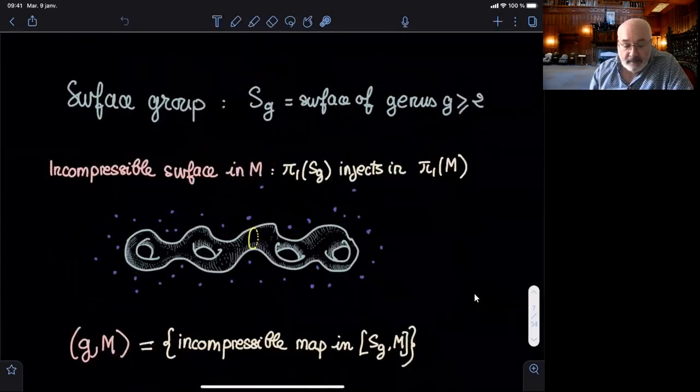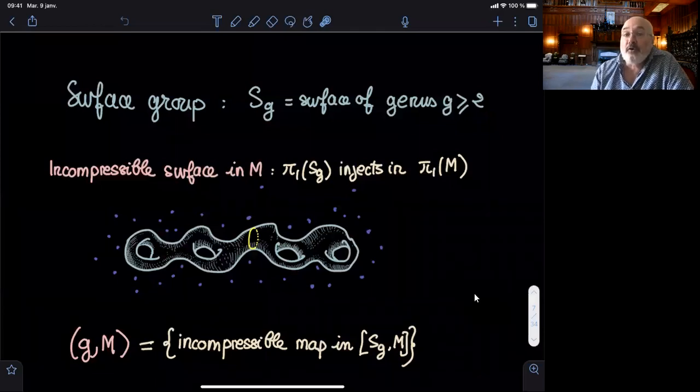Okay, so now we move to another situation. What we just did was some sort of counting of homotopy classes of a circle in your manifold. The next logical step would be to understand what happens for surface groups.